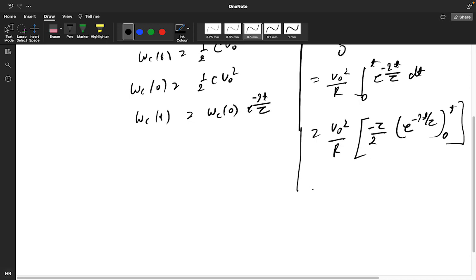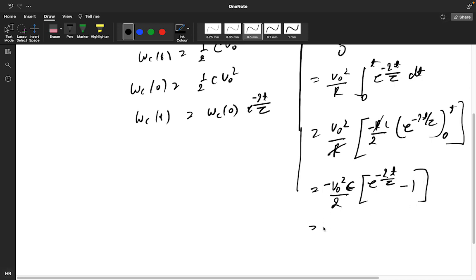If you put the value of RC, R into C, the R gets cancelled out. So you will get V naught square C, the minus term is there, 2 is here, e power minus 2t by tau minus 1.